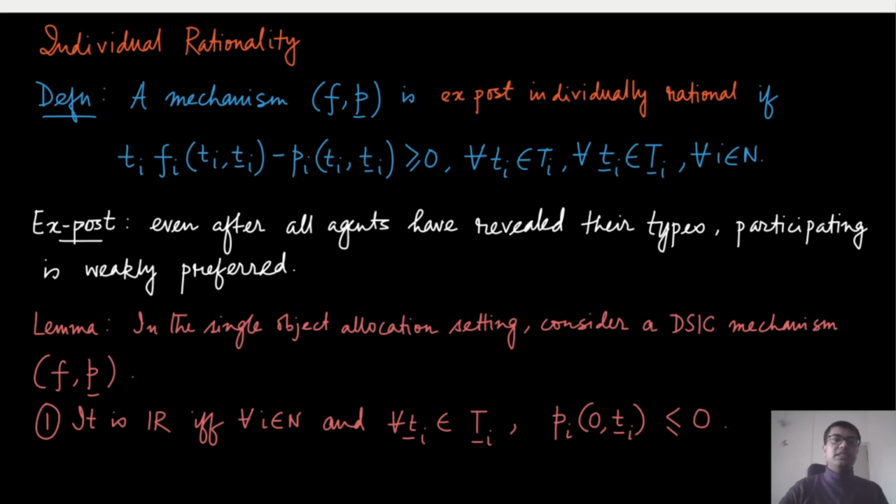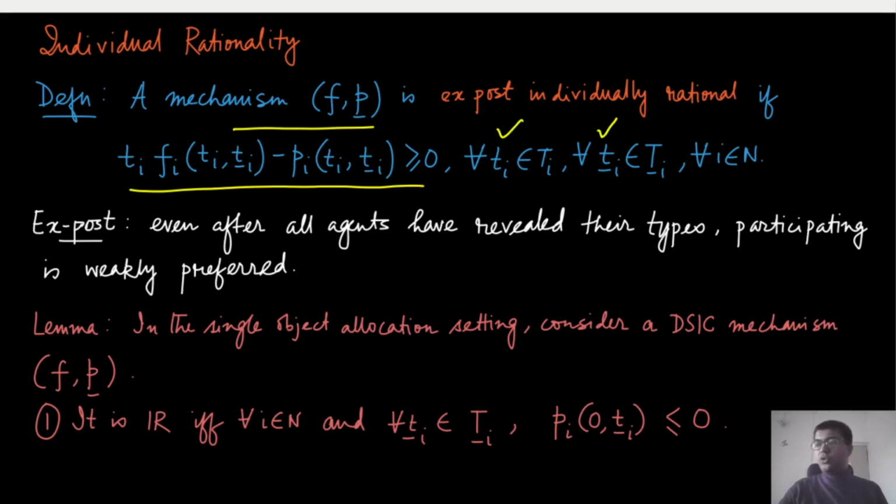Let us now discuss a property that we have also seen in various other contexts, called individual rationality. We are going to call a mechanism f comma p ex post individually rational if the utility of every player is non-negative at every type profile. Why are we calling this ex post? Because this is being satisfied for all ti and t minus i.